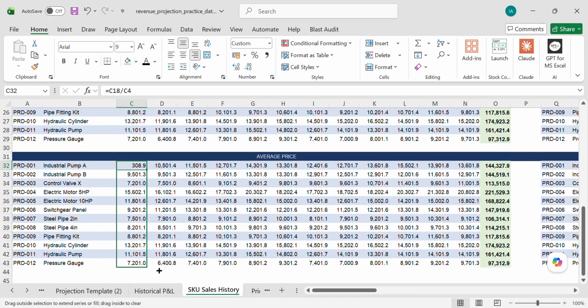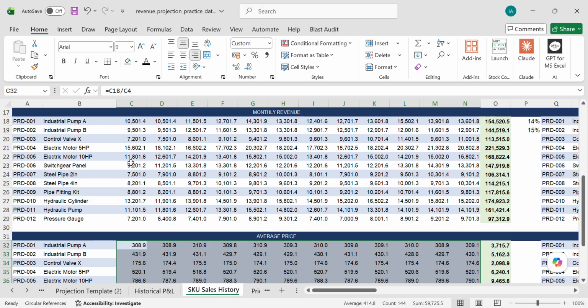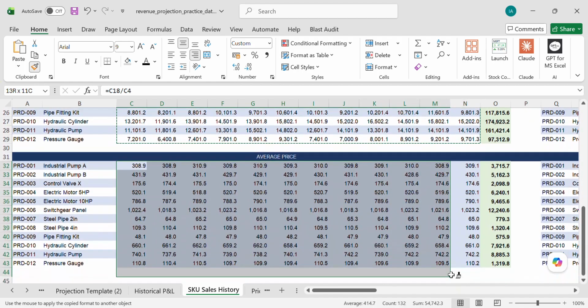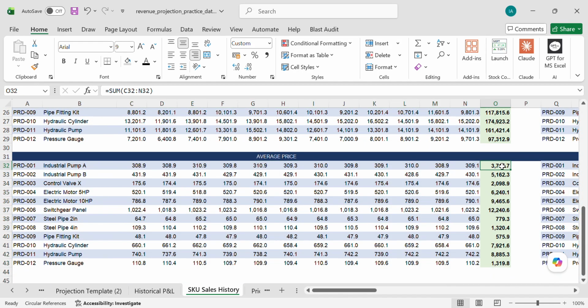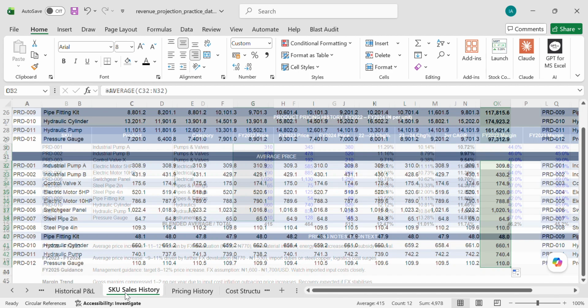Of course, this is the average price. I like this one, so everything looks really fine. Okay, so we're not summing. The average price here, you can see the average price across the year is 309, and that's how we got those numbers, approximately 310.